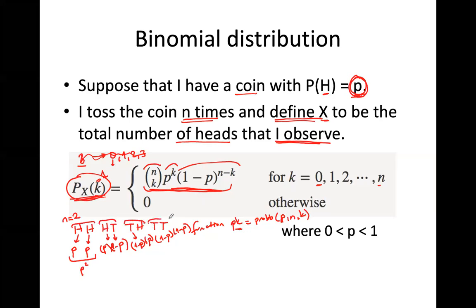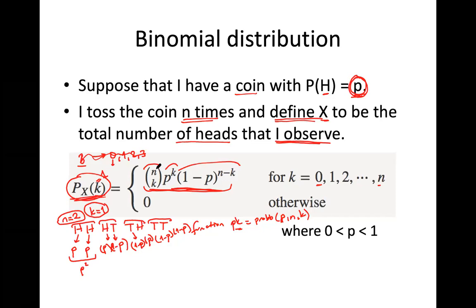Takip ediyorsunuz değil mi arkadaşlar? I'm flipping my coin twice, or I'm flipping 2 coins at the same time. It's the same thing. My N is 2. I would like to find out the probability of obtaining 1 head when I flip a coin 2 times. Okay.